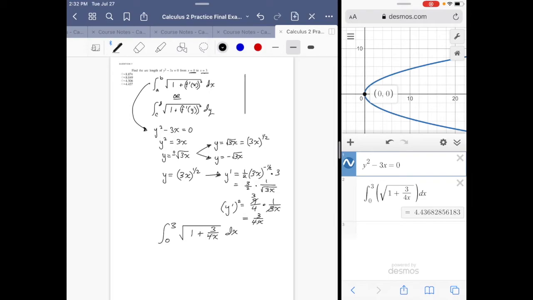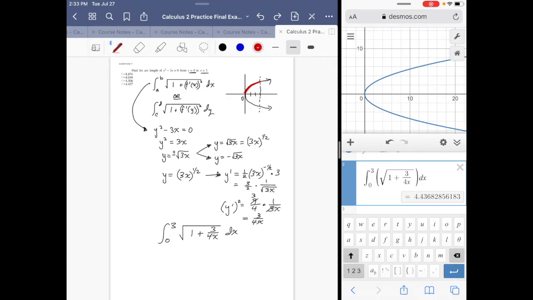However, they wanted the arc length of this graph, which is a sideways parabola, over the interval of 0 to 3. They didn't specify that it was just the top half. So it's kind of a trick question. What we just figured out was this one piece, and it's kind of steering you to that choice.